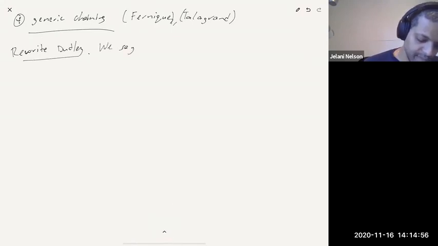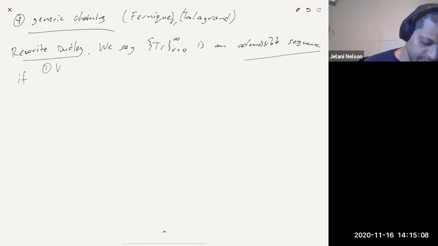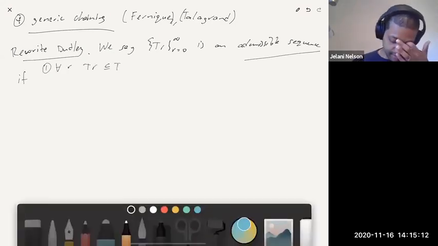You say the sequence T_r, r goes from 0 to infinity, is an admissible sequence if for all r, T_r is a subset of T. Or actually, let me just write it like this.